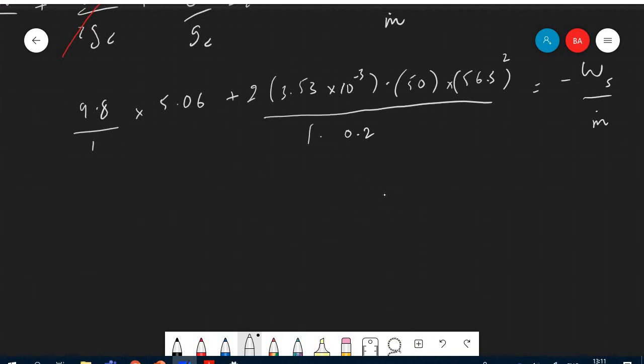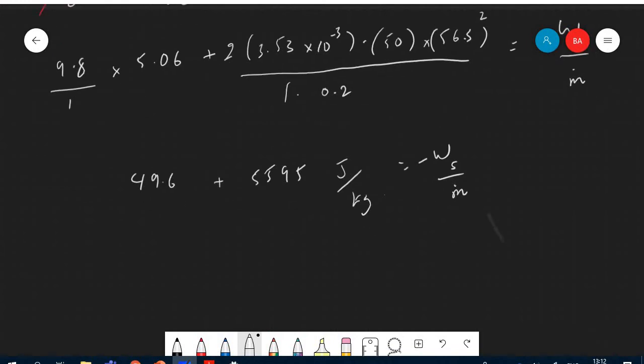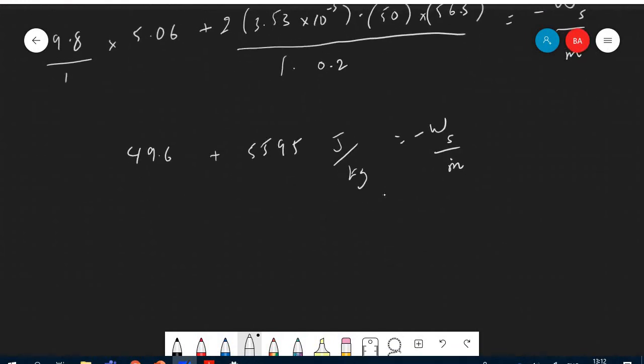So that is 49.6 joules per kilogram that I have here, plus 5595 joules per kilogram, is equal to minus WS over M. I did not finish yet, but I can already realize that the first term is very small in comparison, so you can see that it is negligible.